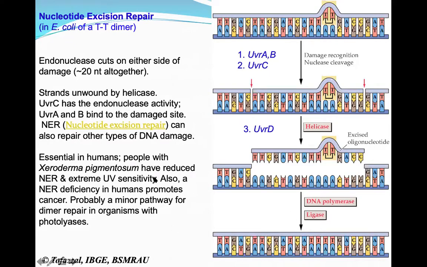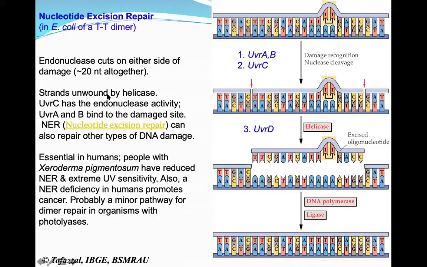Essentially, in humans, people with xeroderma pigmentosum have reduced NER and extreme UV sensitivity. Also, NER deficiency, meaning nucleotide excision repair deficiency, in humans promotes cancer. So if this type of big nucleotide damage takes place, it can lead to cancer. It is probably a minor pathway for dimer repair in organisms with photolysis.